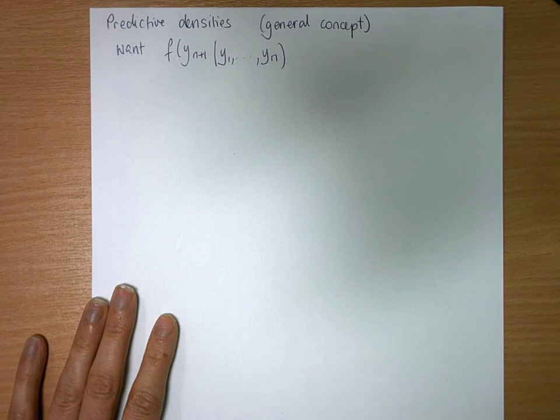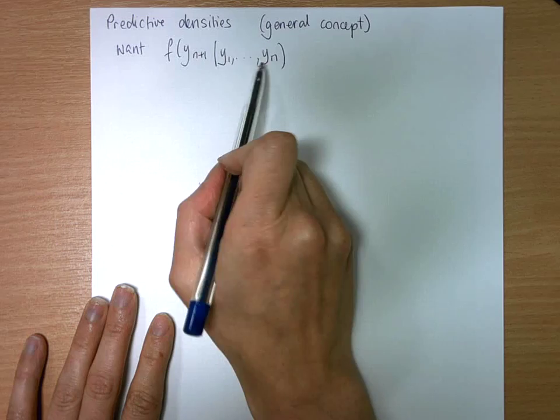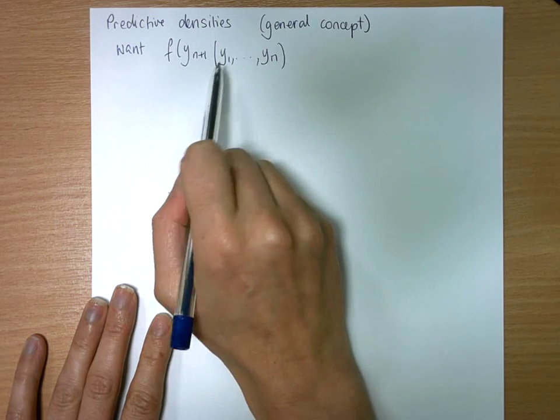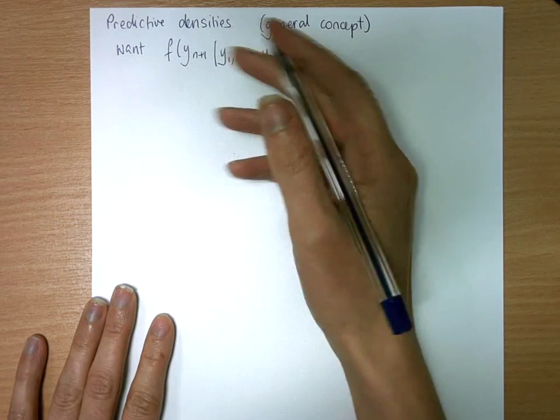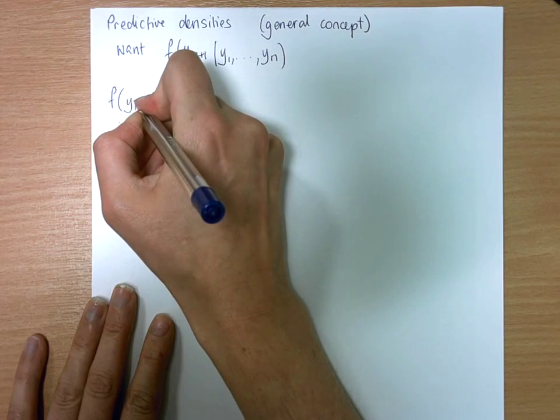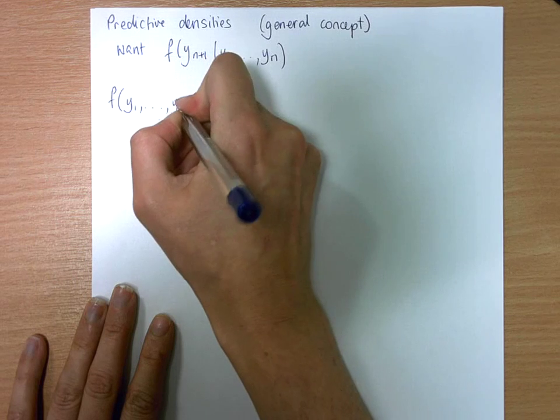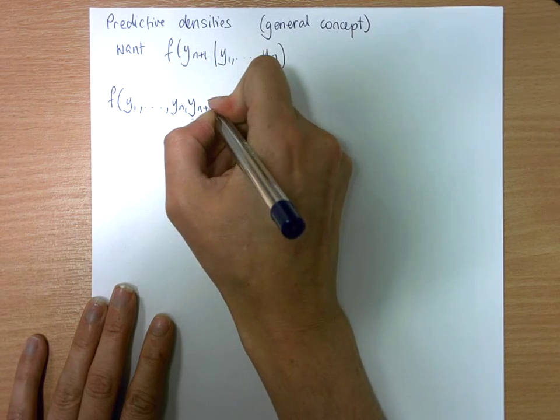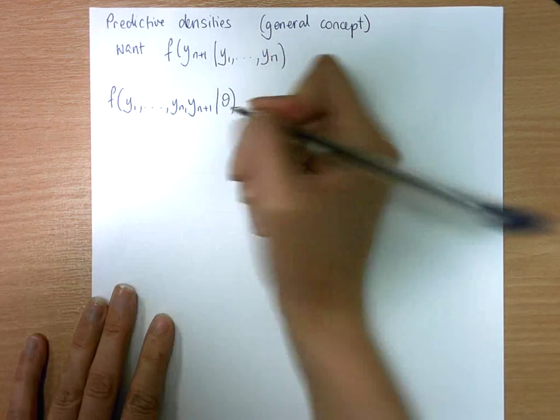So we think about breaking this down in terms of all the different components. We have the joint density of all of our data, including the new observation, given our parameter. So that's f of y_1 to y_n and y_{n+1} given our parameter, let's call it theta.